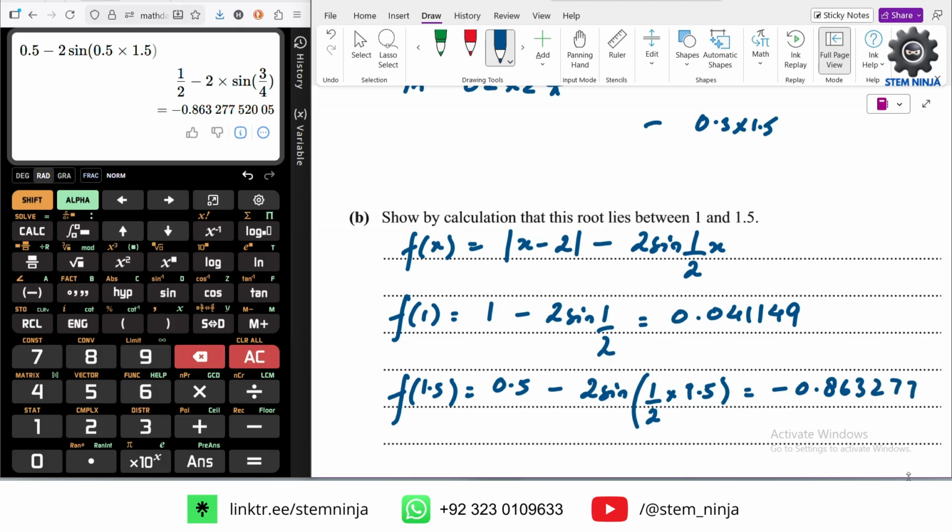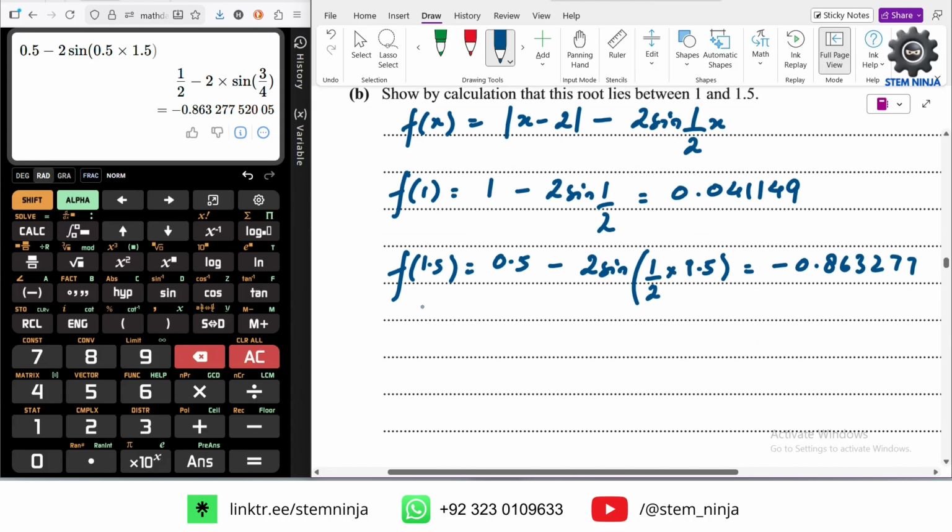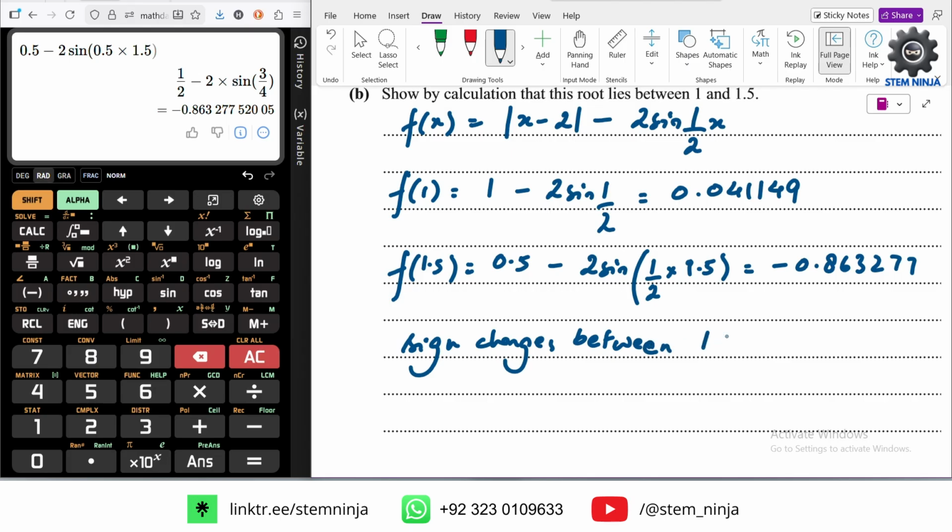So the sign changes between the values. Therefore, the root lies between this range.